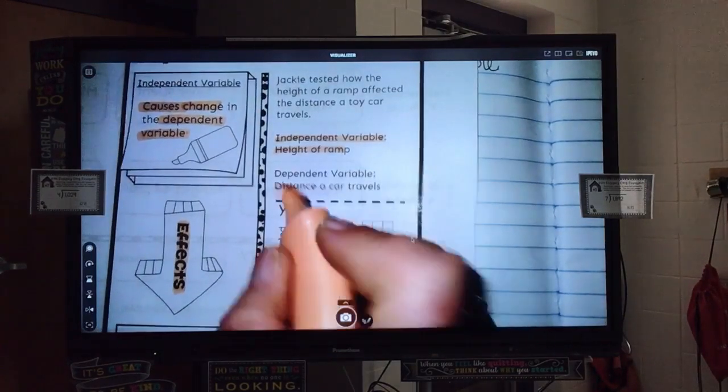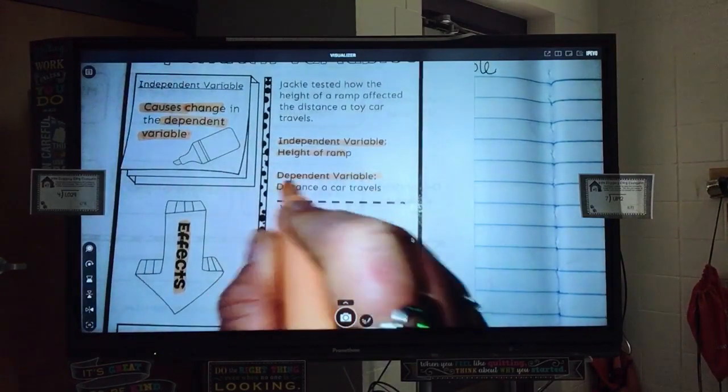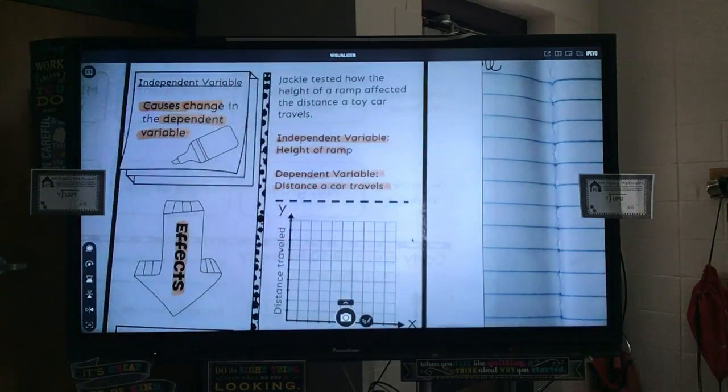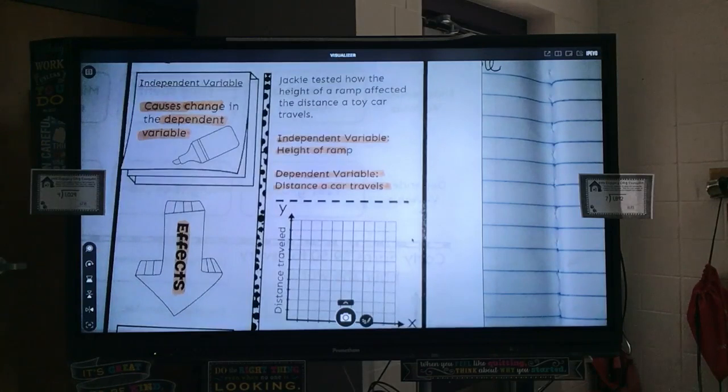So the dependent variable is the distance the car travels. If the height of the ramp is really low, your car probably isn't going far. Or it might go further. If it's really high, it might go really high in the air, but won't go very far distance-wise. So the height of your ramp determines the distance of your toy car.